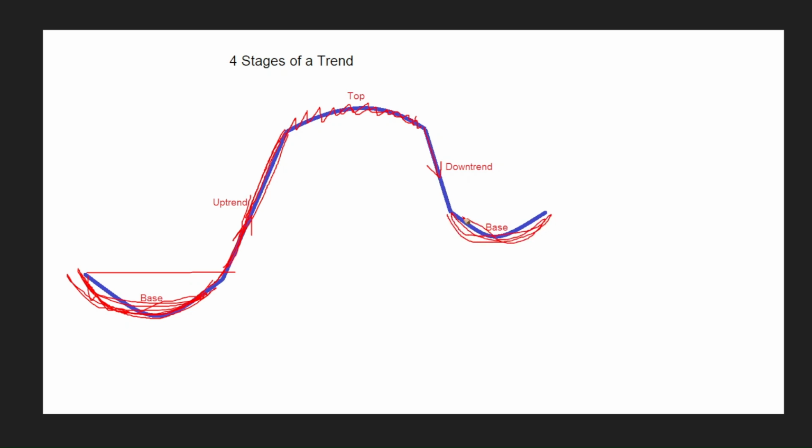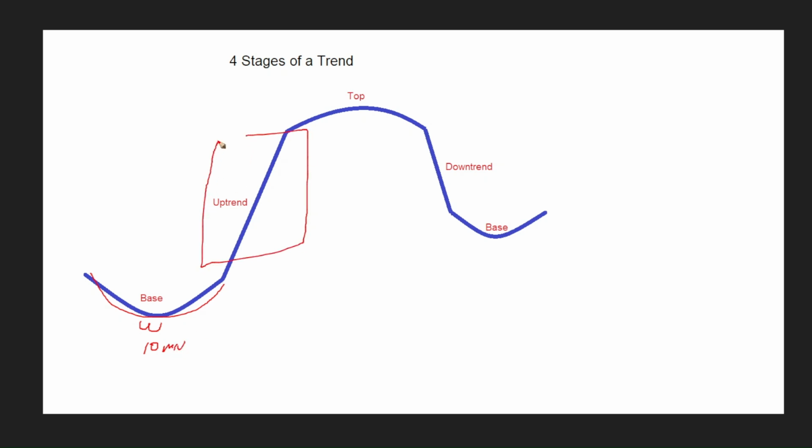Now, I'm not giving you that much detail into the thought process of each one of these. The reason is that I want to explain the approach I use, which is that this happens in every time frame. So this could be happening on a weekly chart, but it also could be happening on a 10-minute chart. Okay. So we could be in an uptrend on the weekly, and we could be in a basing stage, or stage one, on the 10-minute.